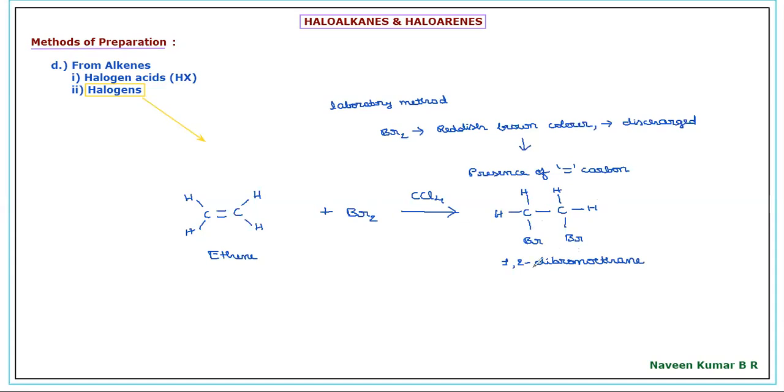So if we observe this, it is a special type under the classification. You can recall it is vicinal or Wick dibromide. Wick dibromide is obtained in the process.